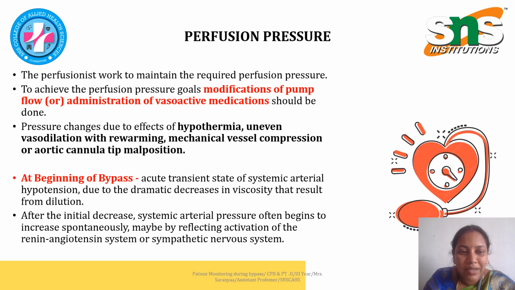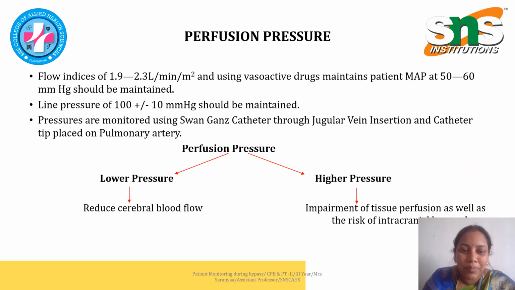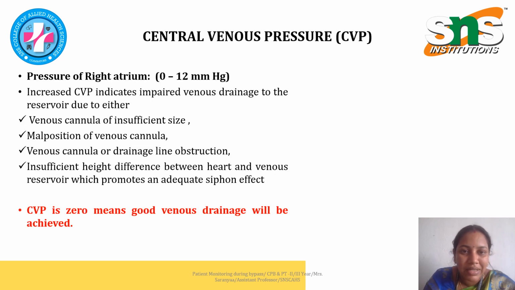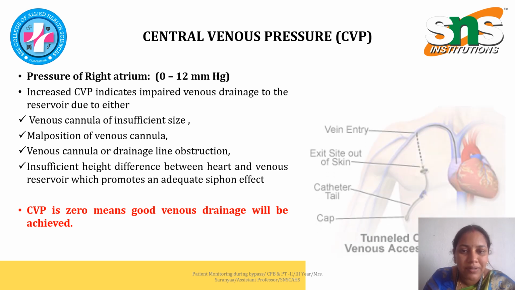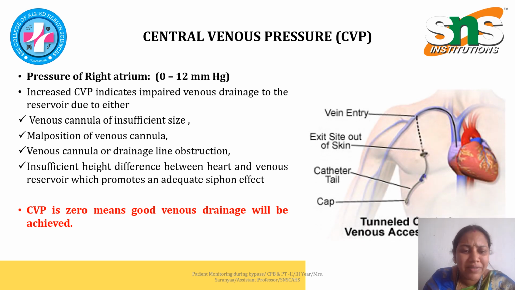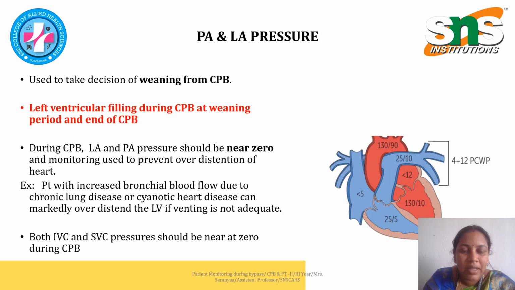Because of all these factors, the pressure will be altered. So based upon the pressure, you want to maintain a line pressure of 100 plus or minus 10 mmHg during bypass. Central venous pressure, which indicates the heart pressure, that is CVP, should be 0 for proper drainage of all the deoxygenated blood to the reservoir.